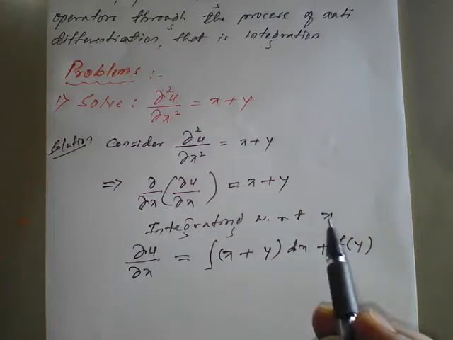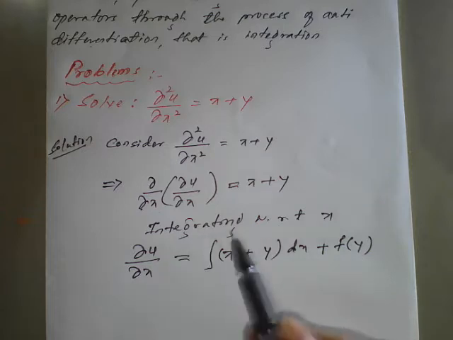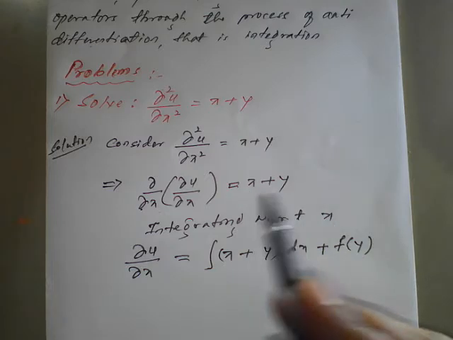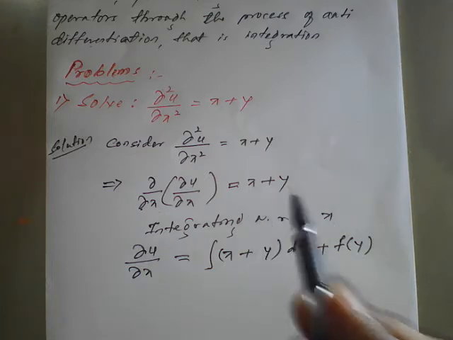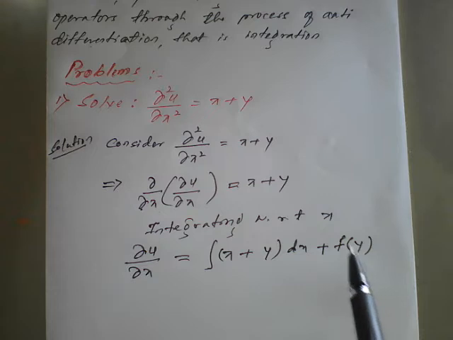If it is with respect to y, you have to write a function of x. So right now we are integrating with respect to x, which means the function should be a function of y. We have two variables, x and y, so we take the alternate one.